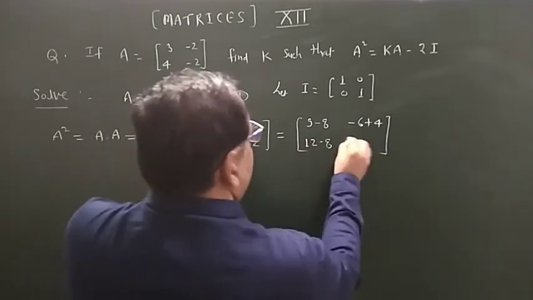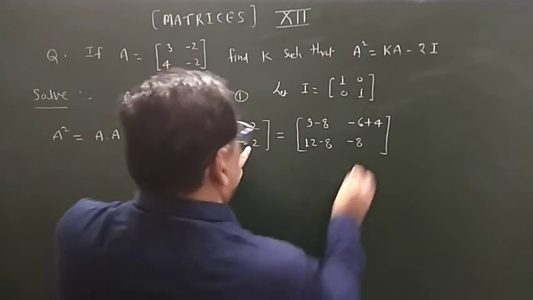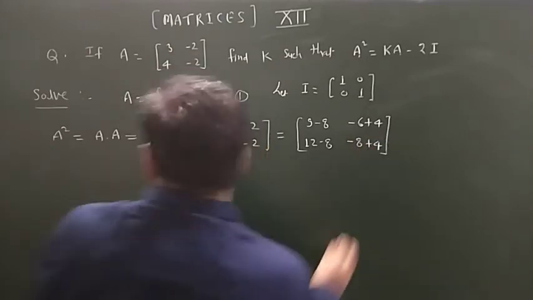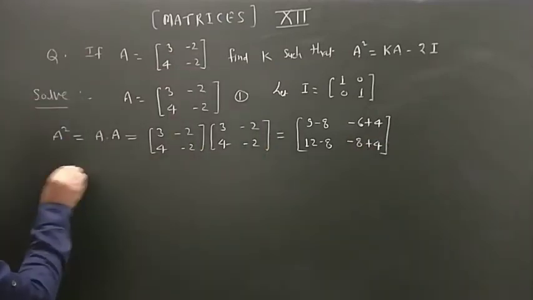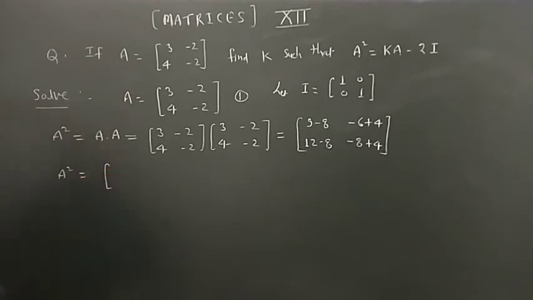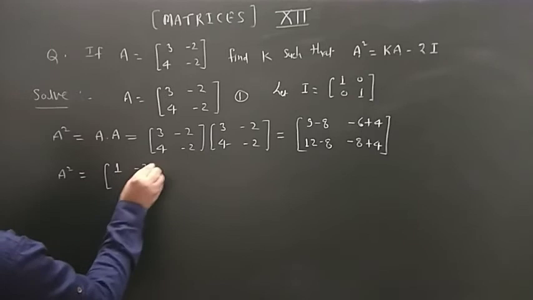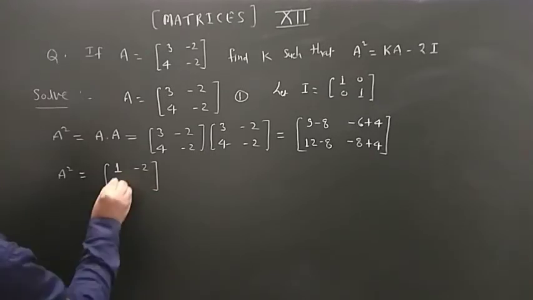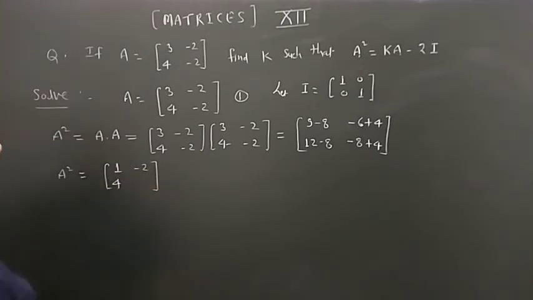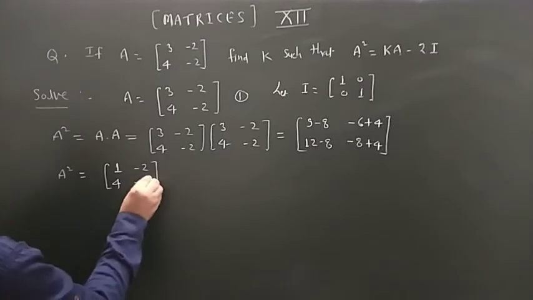And 4 times minus 2 is minus 8, minus 2 times minus 2 is plus 4. So now we have A square equal to 1 minus 2, 4 minus 1.